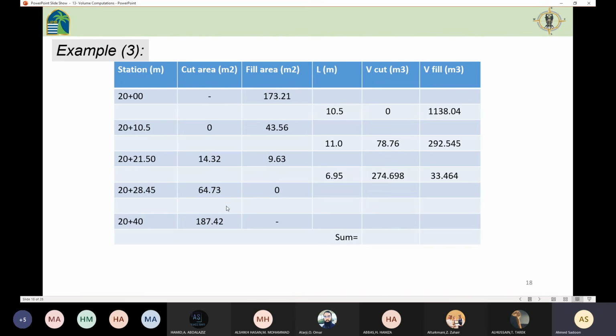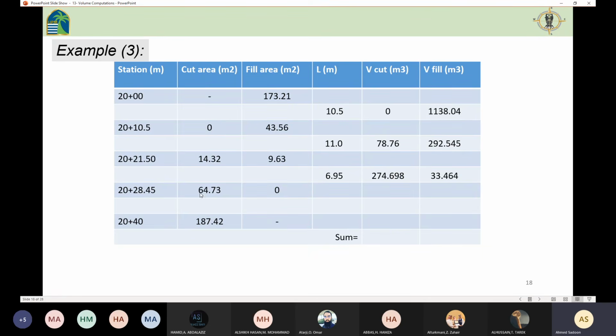Now I'm going to move to the volume between the 4th station and the 5th station. In this step, we don't have volume for fill because this one is 0, and this one also is 0. Here we don't have any part that needs to be filled.